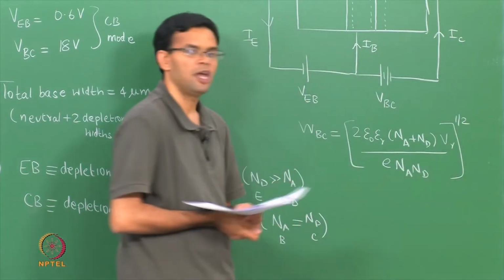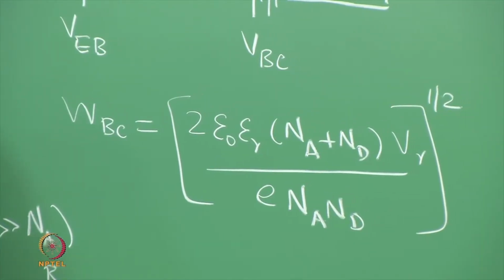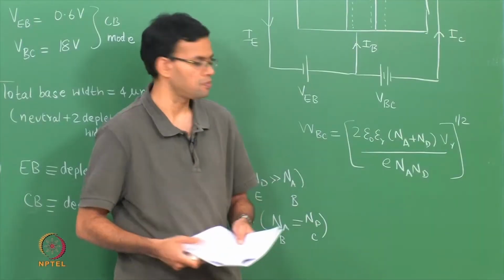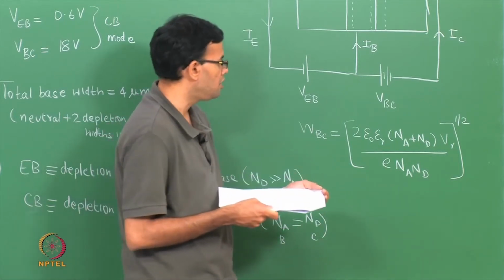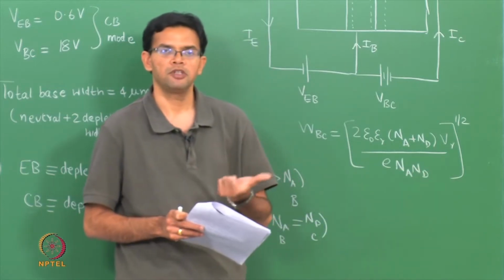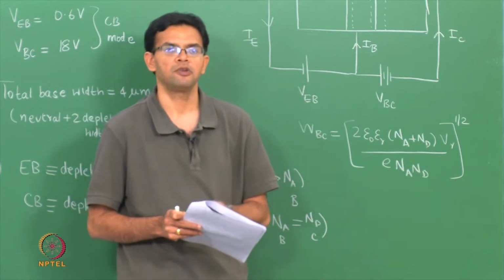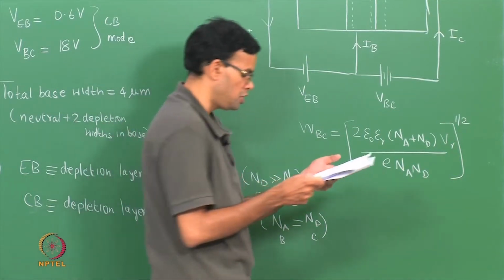This is the same formula that we have used when calculating the depletion width of a p-n junction. We are just using that formula. The only difference here is that Vr is not the contact potential, but it is the contact potential plus the externally applied reverse bias voltage.